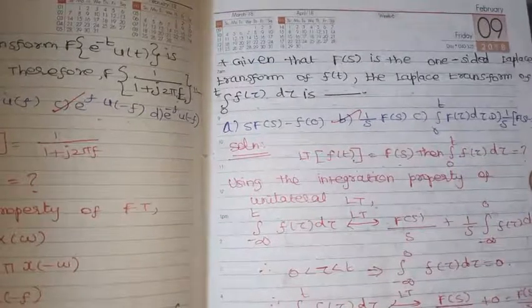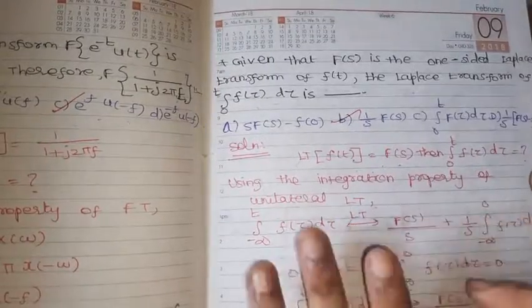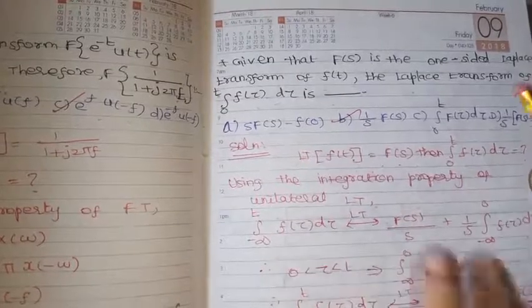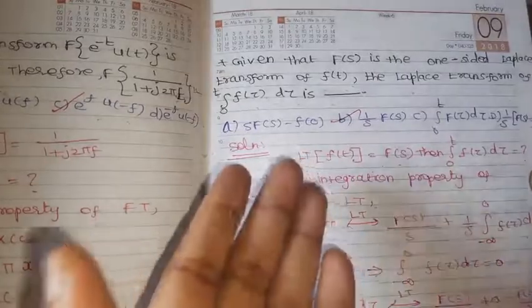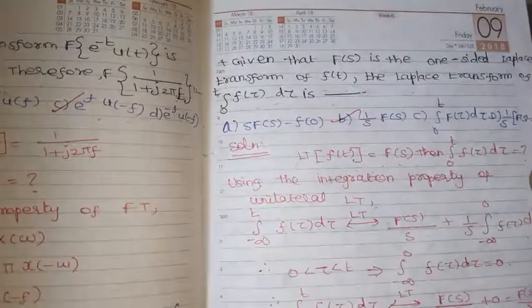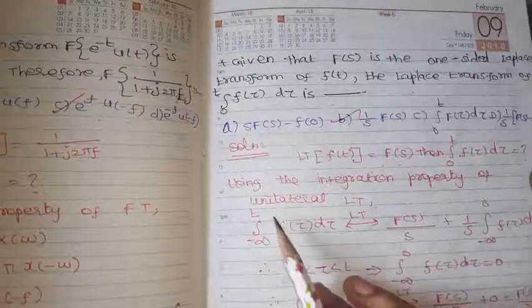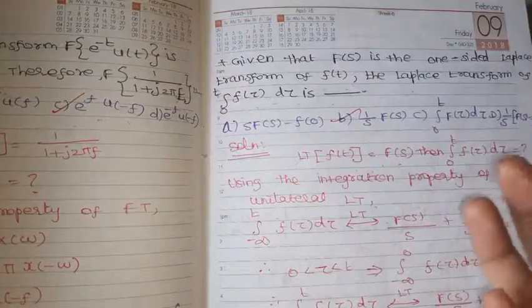So, when doing signals and systems, we should be very clear about the properties of all transforms: Laplace transform, Fourier transform, Z transform. Then only it will be easy to solve this problem by seeing the question itself, with no need to take much time. Without knowing the properties of transforms, we could not proceed with these problems.